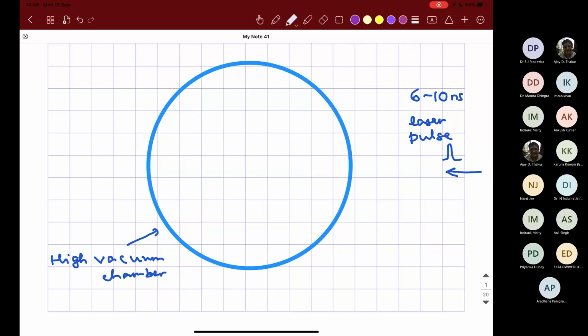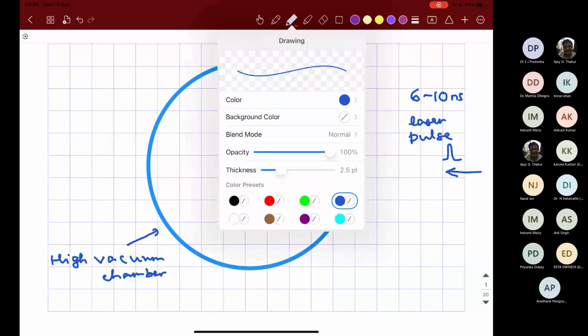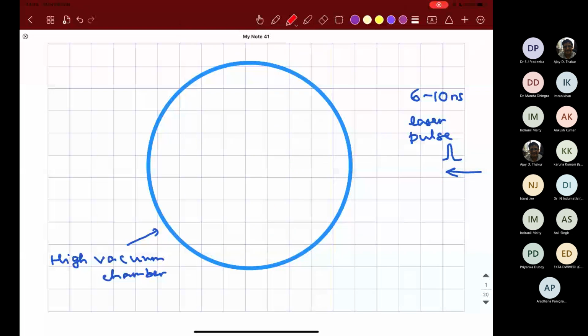In order to allow it inside the chamber, we will have ports. These ports will be transparent to the incoming laser, so this would be some kind of toughened glass through which the laser pulse could get inside.